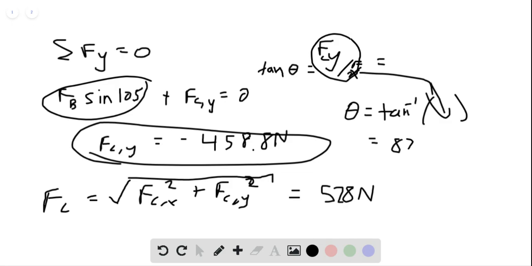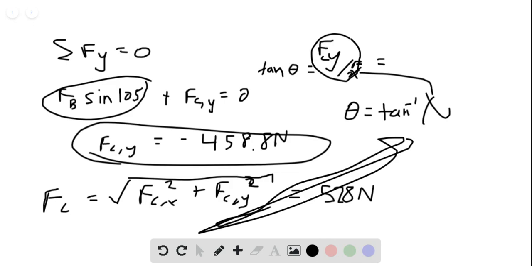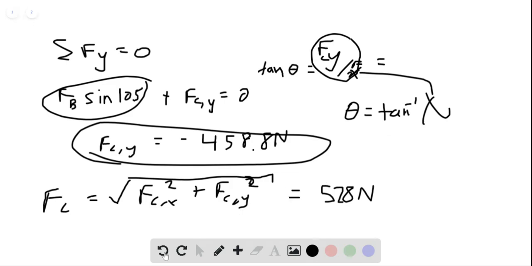Oh, sorry, no, 63. That's another problem. Okay, so it should be about 60.2 degrees, or, 60.3 degrees.